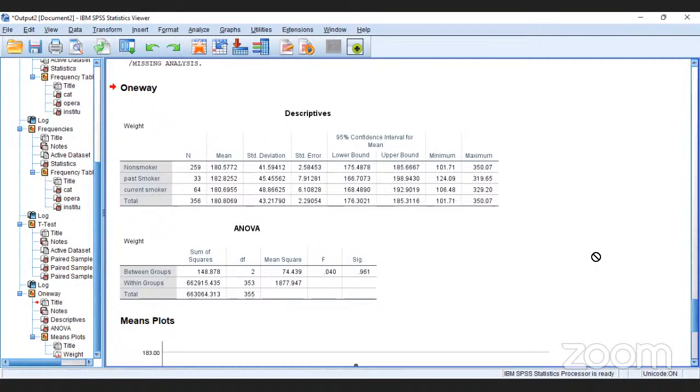Look at the standard deviation. I do not see a 2, and we also have a 2. I don't have a combined standard deviation.